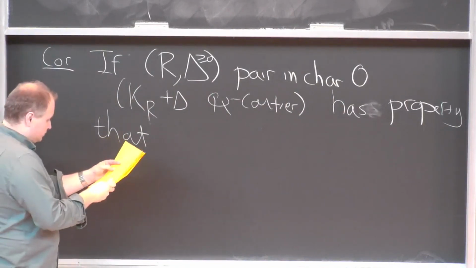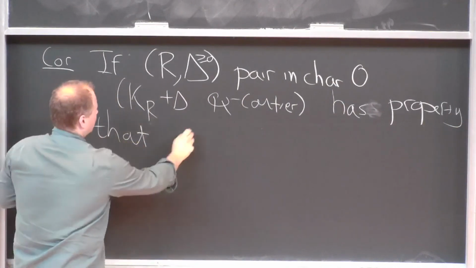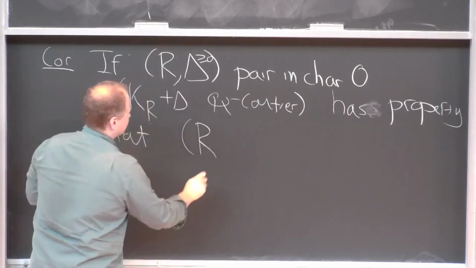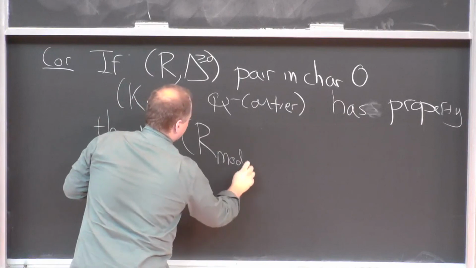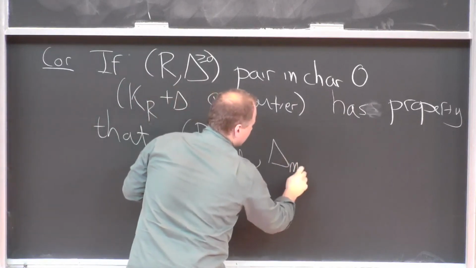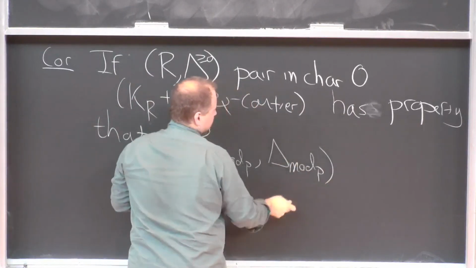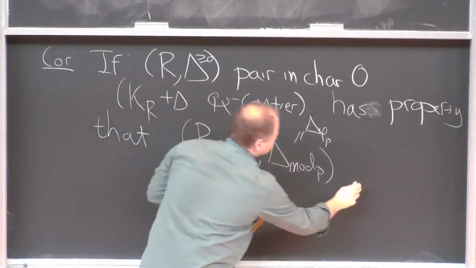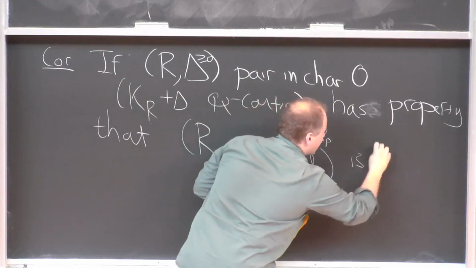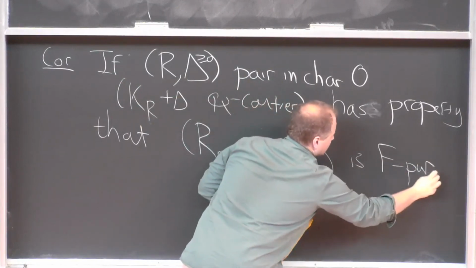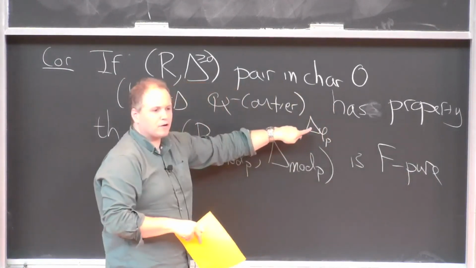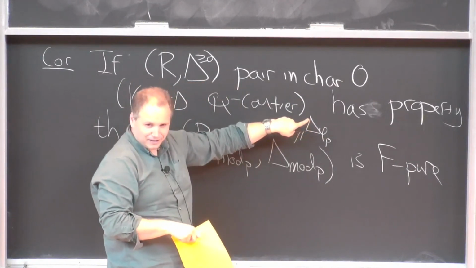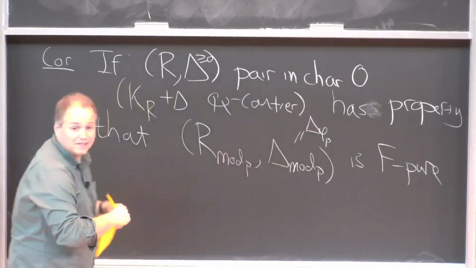that maybe when I reduce it to characteristic p, so R mod p, delta mod p, maybe this is some delta phi, which depends on p, is F pure. And this pair being F pure just means the phi, which corresponds to the delta phi, is a surjective phi.